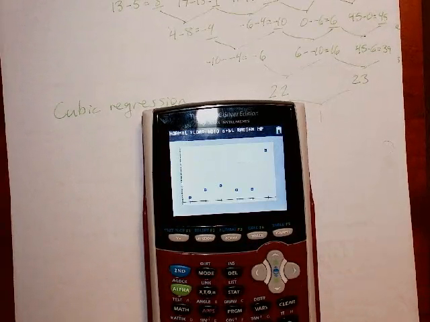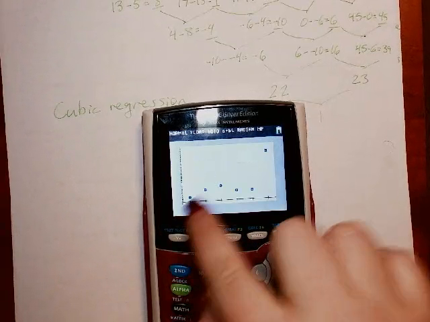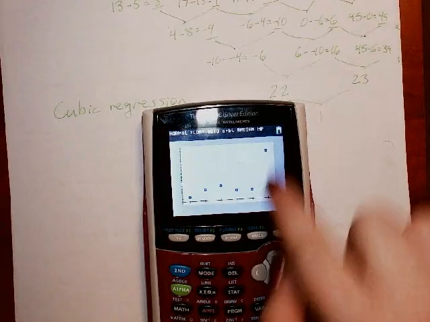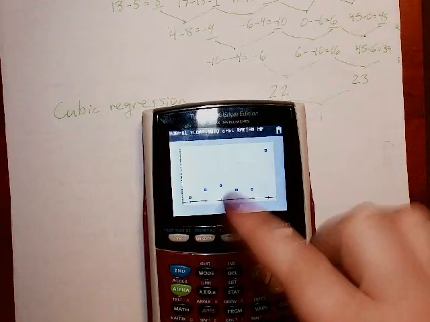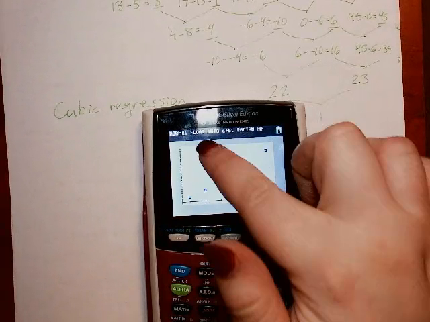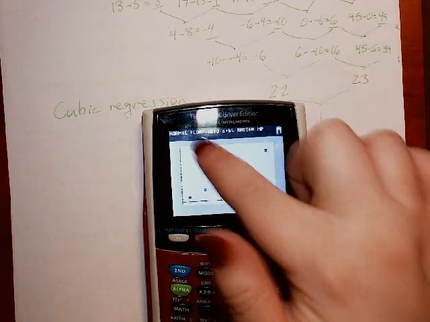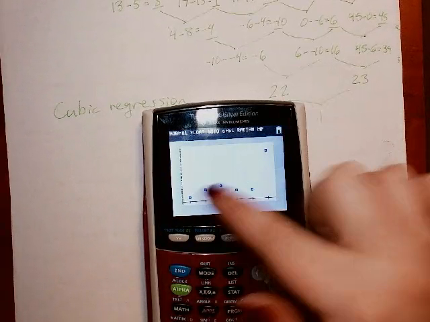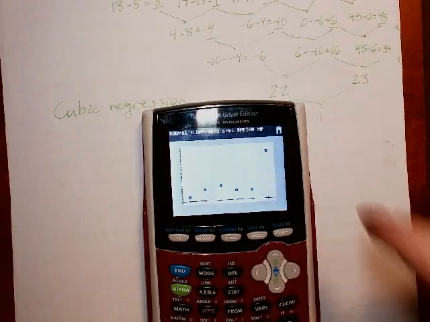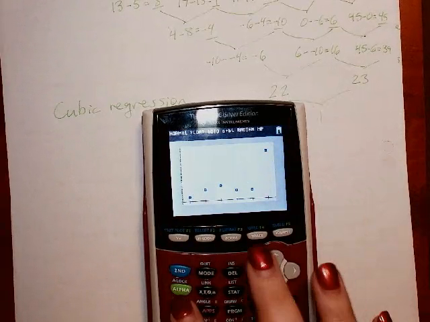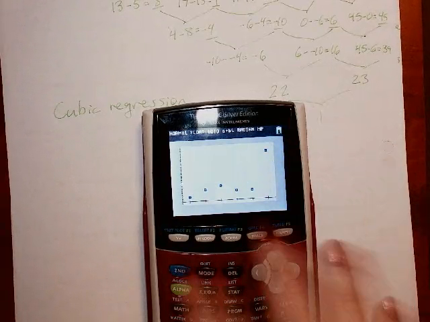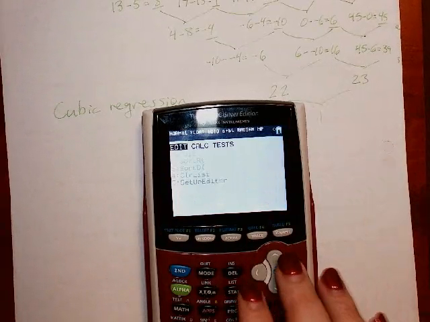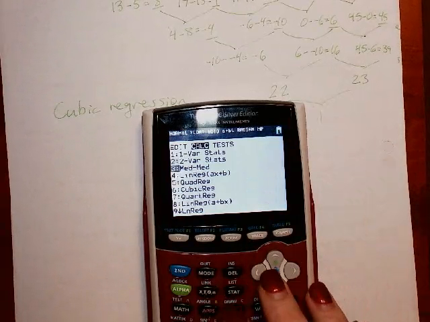And it goes up and then down and then up again. So I know it's not going to be quadratic because it doesn't go like a U. So I'm going to use cubic because that's the closest that I can think of to that. So now I'm going to go back to stat, calculate, then cubic regression. Okay, remember our end behavior?